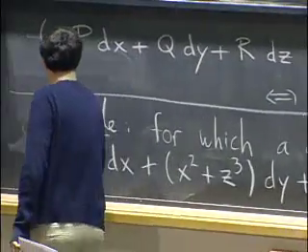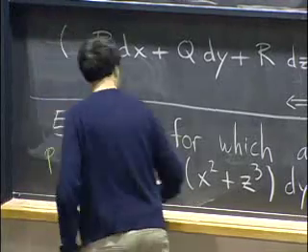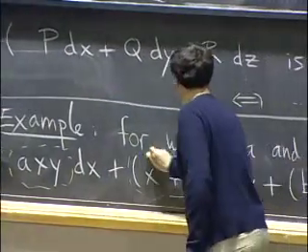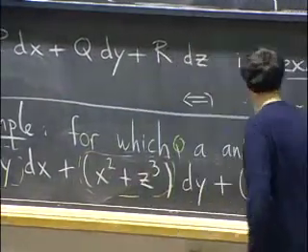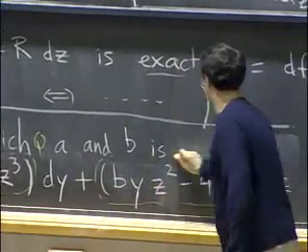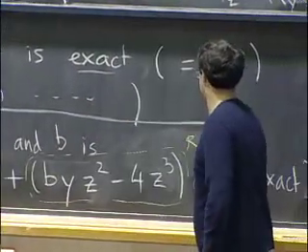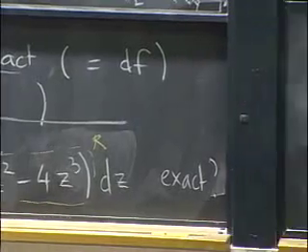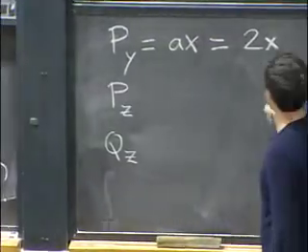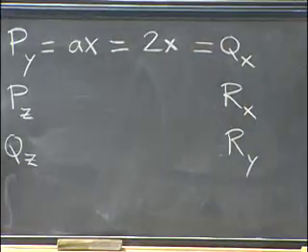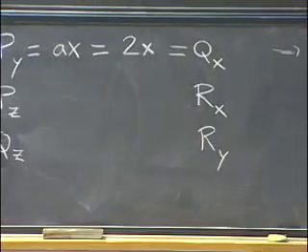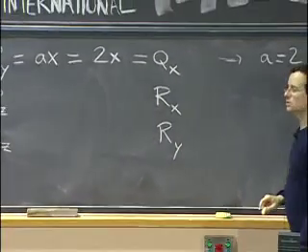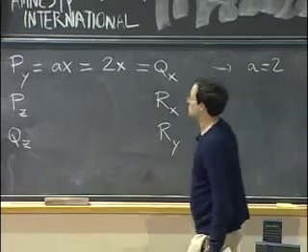So this guy here, that's P. This guy here, that's Q. And that guy here, that's R. So this one tells us that a should be equal to 2 for the first property to hold.